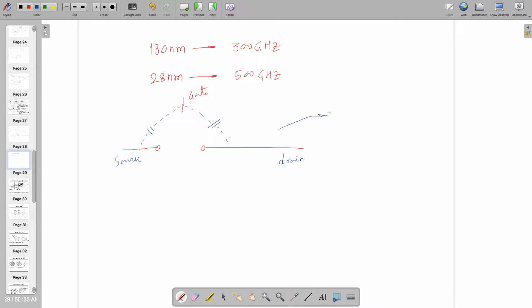This is known as leakage current. So this is the off state. Any problem in understanding this one? Okay.